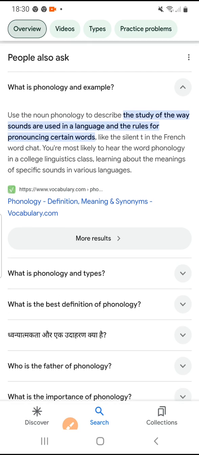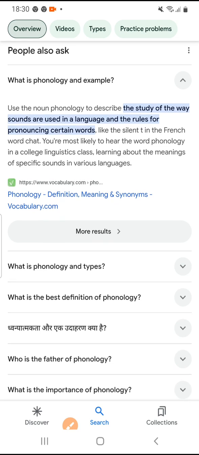Now, an example: we use the noun phonology to describe the study of the way sounds are used in a language and the rules for pronouncing certain words, like the silent T in the French word Chez. Here T is silent.